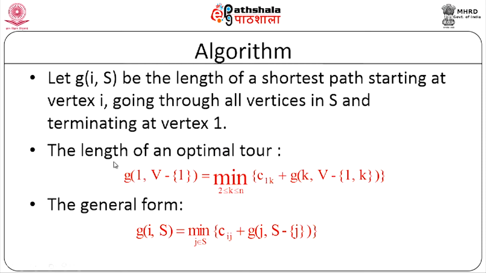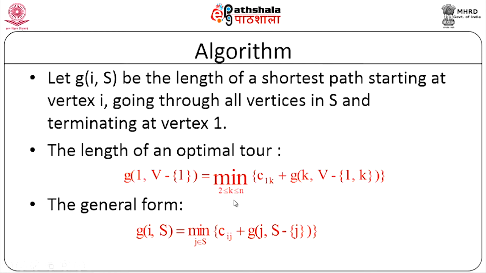So, the length of the optimal tour is going to be the minimum. I am assuming that I am starting from vertex 1, so I should not visit 1 again, therefore it is V minus 1. It is going to be the minimum over k.